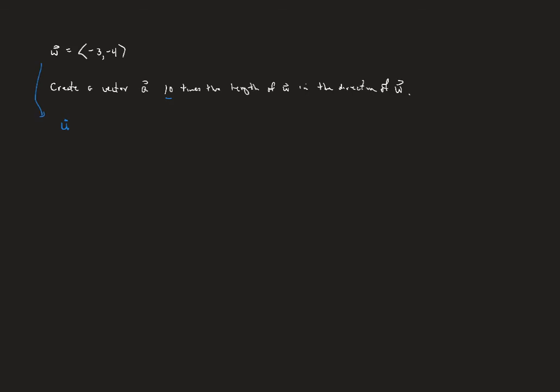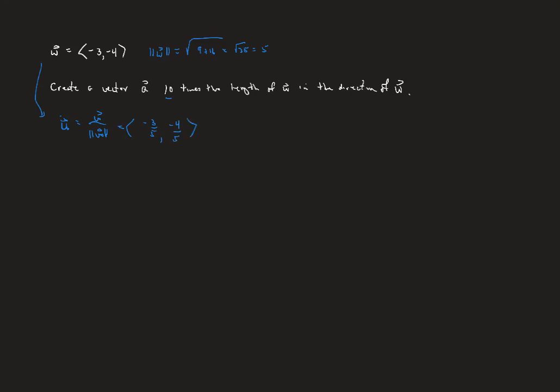So remember, to create a unit vector, we first need to find the magnitude of w. Well, this was carefully constructed so that its magnitude comes out nice, 5. So u, this vector, is going to be vector w divided by its magnitude. And so that is going to be negative 3/5, comma, negative 4/5.